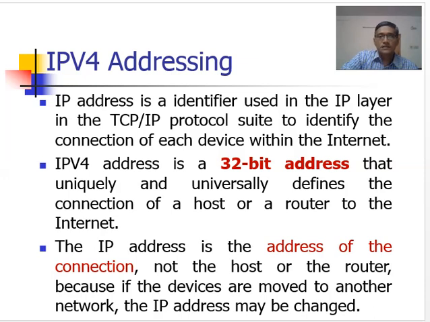This logical address we call the IP address, which is 32 bits, and the physical address is associated uniquely with each and every host or node by the NIC, that is the network interface card, which is available in every node, every system. That we call the physical address, which is 48 bits. So with these two addresses, a node is identified uniquely within the corresponding internet.